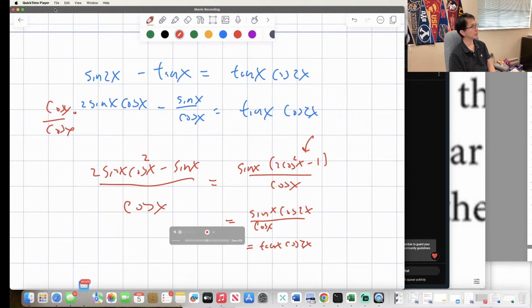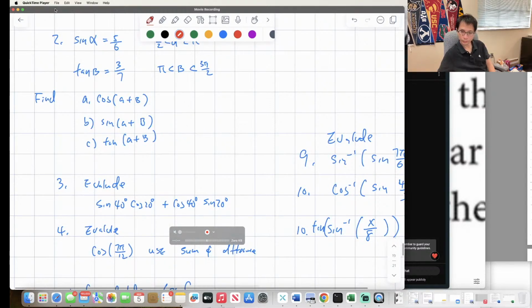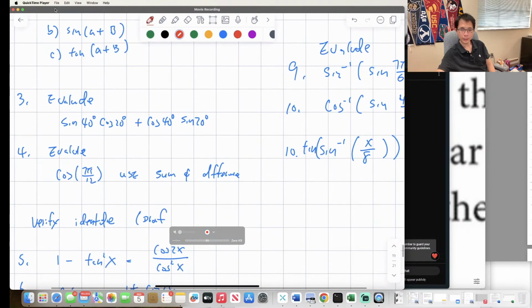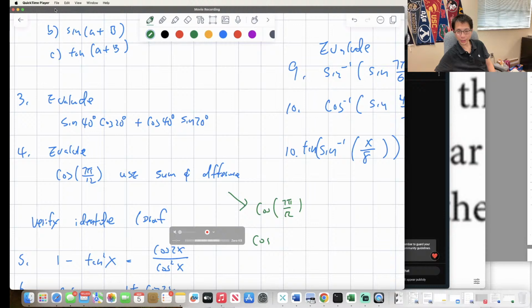Yes? What does 4 say? Cosine 7 pi over 12. This one is in the notes. So you want to break down the cosine of 7 pi over 12. You want to make sure you have 2 angles added together. So you can start thinking about pi over 12 plus 6 pi over 12.